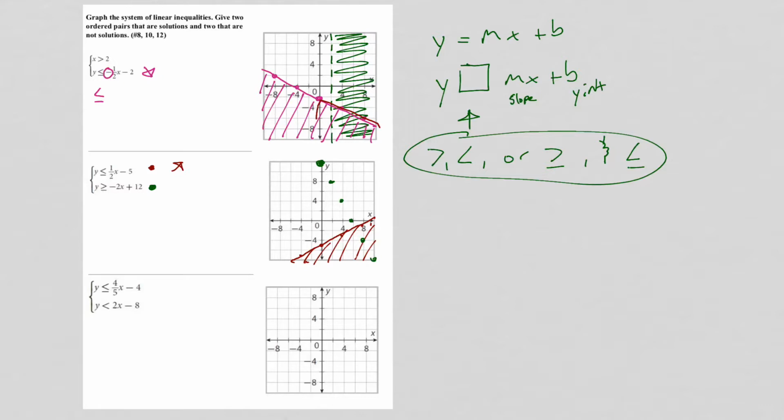So we've got this line in green. And they're both solid because the symbols have that less than or equal to or greater than or equal to. And this is going to be the region above the line. And you'll see it's only this small sliver right in there that's actually true for both.